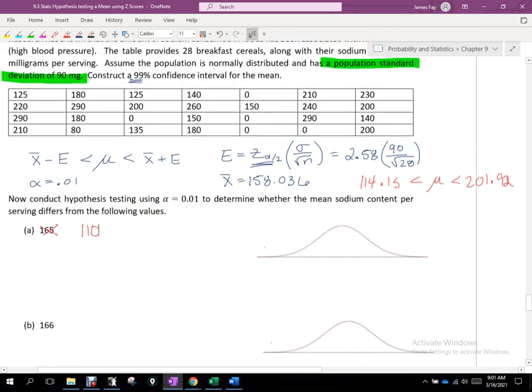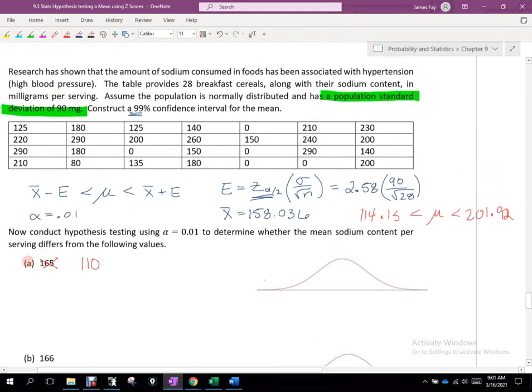What we want to do here is create our hypothesis testing. We've got H sub 0 and H sub A. This is saying determine whether the mean sodium content per serving differs from the following values. So it differs from 110.